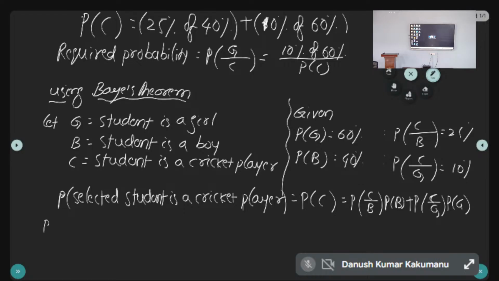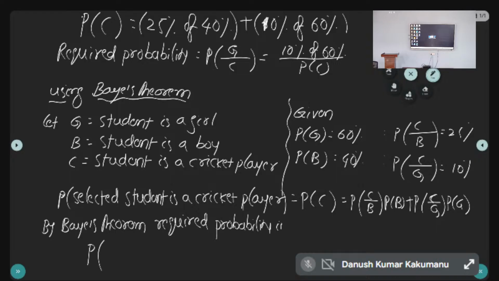Next, by Bayes theorem, say this. Those are just notations given, and the calculations you can do. Those values are available, multiply. What is the required probability? Required probability is P of... what is it? Selected student is already playing cricket. The probability that the student is a boy or girl?